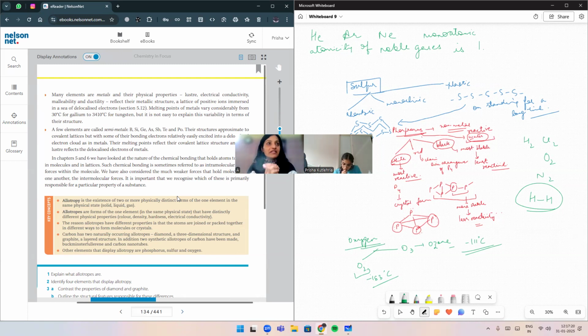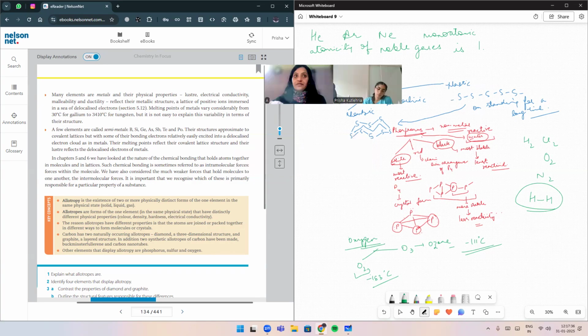Melting points for metals are considerably high, but we cannot explain the trend based on their structure, because of the impact of the delocalized electrons. It has a very strong delocalized electron effect.